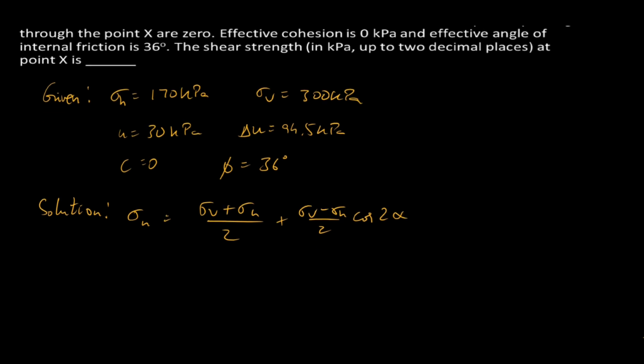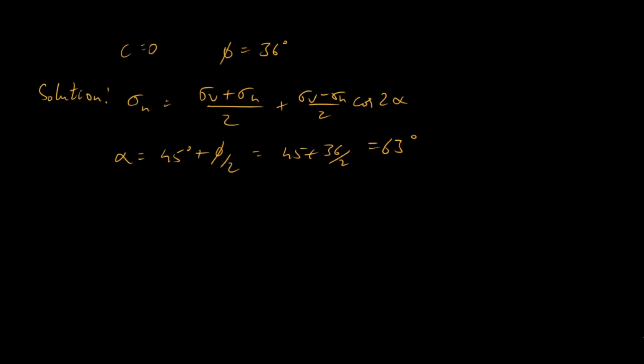So the value of alpha can be found out. Alpha will be equal to 45 degrees plus phi by 2, which is nothing but 45 plus 36 by 2, which is 63 degrees. Okay. So from this we can calculate the normal stress sigma n.